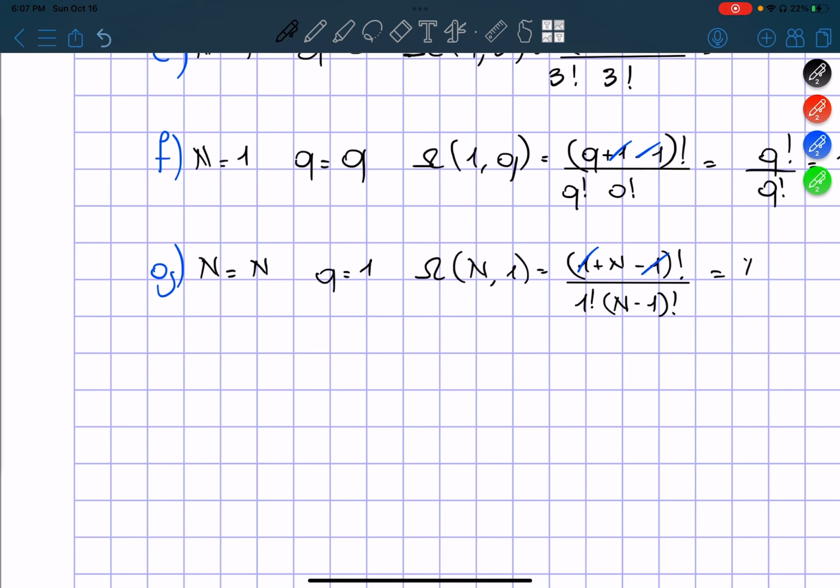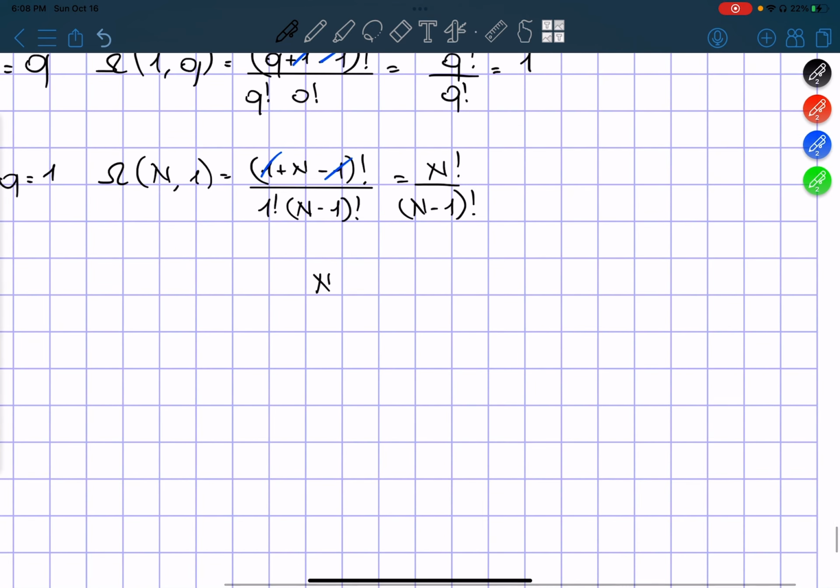We get n factorial divided by n minus 1 factorial. If you remember, n factorial just means n times n minus 1 factorial. So we can substitute it in: n times n minus 1 factorial divided by n minus 1 factorial. Cancel these two out, and we obtain n.